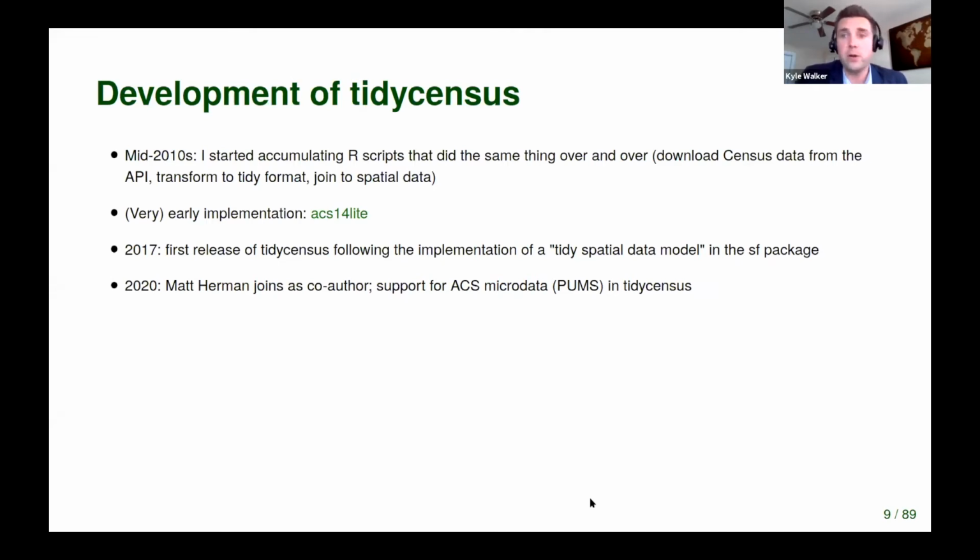In particular, Matt Herman has become a co-author of the package as of last year, and he's responsible for writing a lot of the microdata code. So when we get to the 25th, a lot of the functionality that makes it much, much easier to work with microdata from the API, that's Matt's brainchild. So he's made some fantastic contributions to the package.